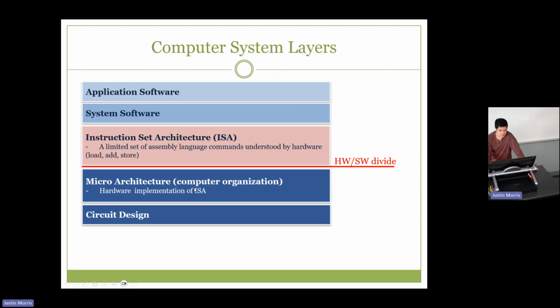Below that, you have the digital logic design of that microarchitecture. In this course, we're going to mainly be talking about the microarchitecture part, as well as the instruction set architecture part. So we're right on the line of the hardware and software divide.